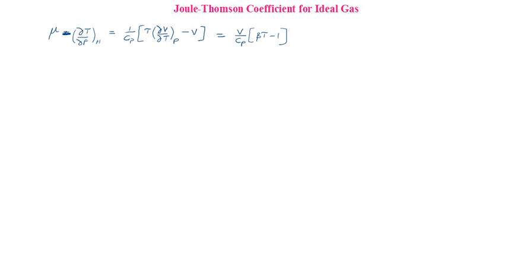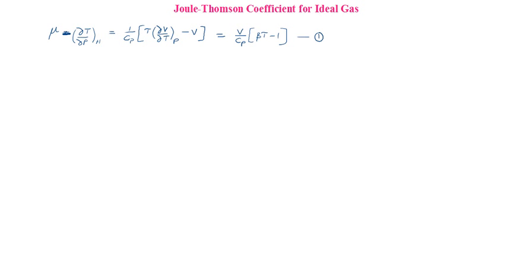And we have seen that the relevance of this quantity is that it's a measure of the change in temperature of a gas with pressure during a constant enthalpy process. Whether or not the gas will undergo a cooling effect can be determined from the value of the mu for that particular gas.